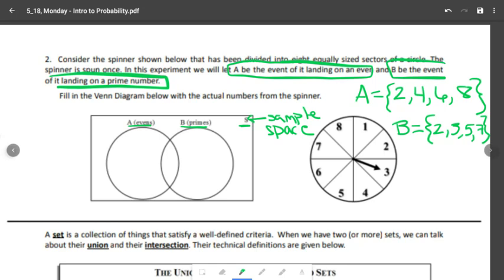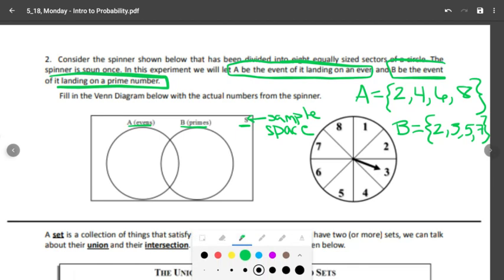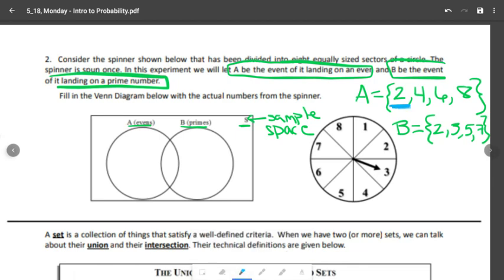So looking at my 2 lists, notice the number 2 sits in both lists. So the number 2 would go right in that center overlap piece.